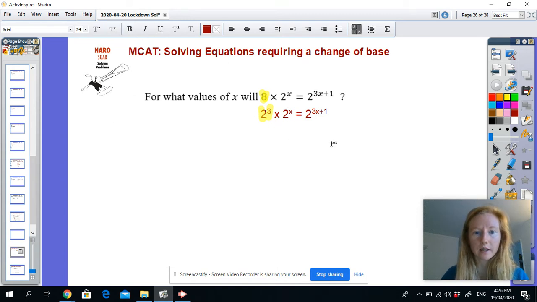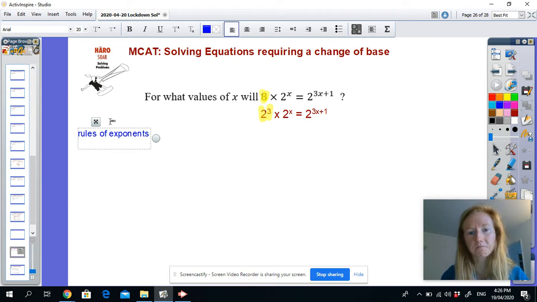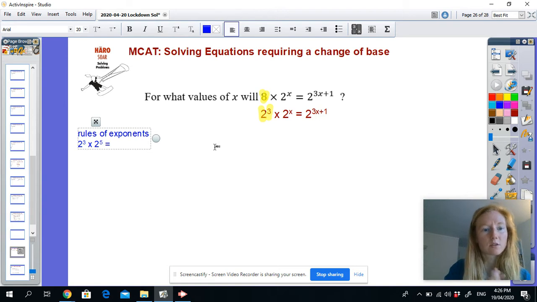So I'm going to take you back to just a quick recap for the moment to do with rules of exponents. I want to make a little note of this. So if, let's say, I had 2 to the power of 3 and I multiplied that by 2 to the power of 5, and I wanted to ask you to simplify it, 2 to the power of a single number. Okay.